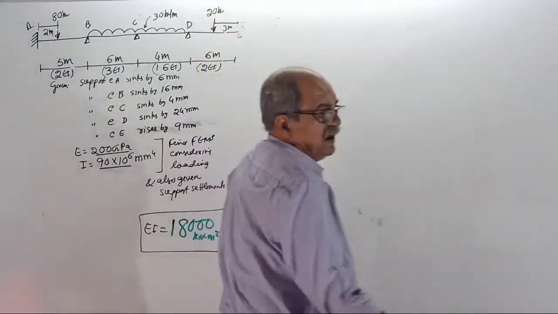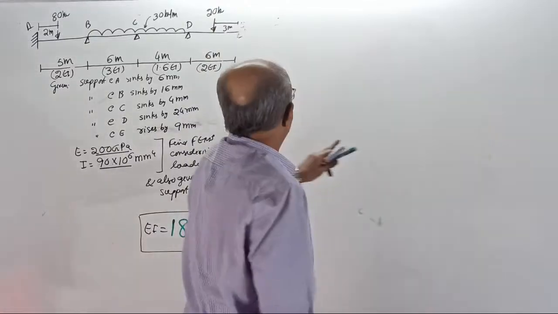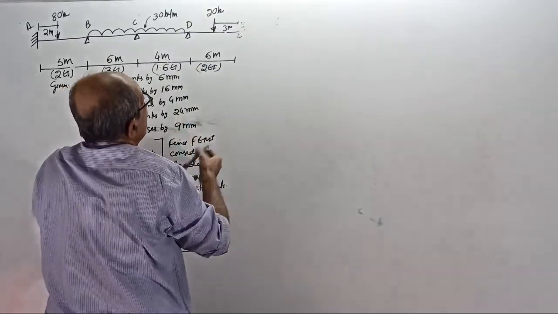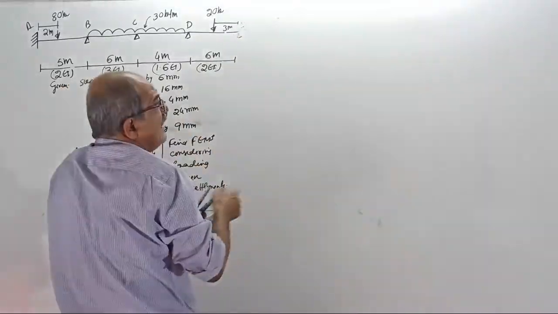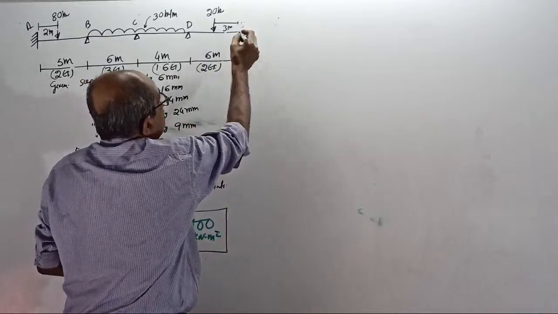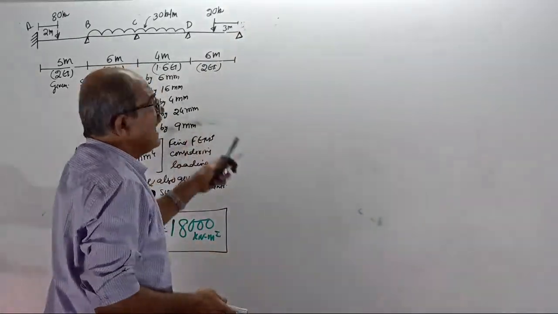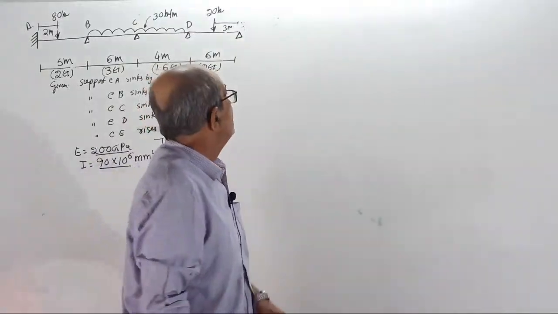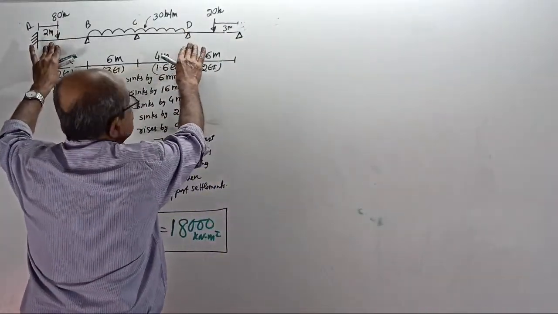Start. First step, we have to combine loading and settlement both. Remember, for the moment distribution method and Kani's method, it is required; for the slope deflection method, the delta comes in the equation. That we will worry about later, not now. Now, loading, no problem.